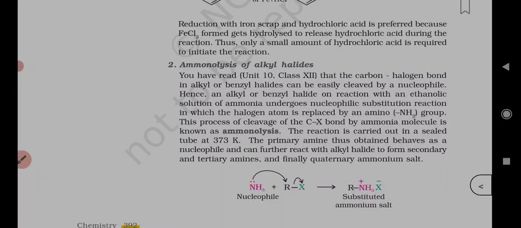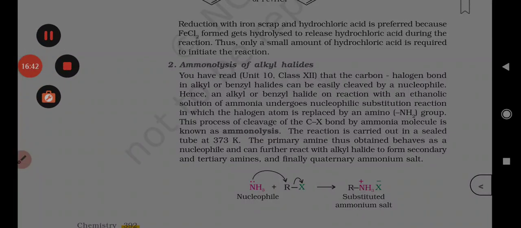RCN in the presence of H2 with nickel, or lithium aluminum hydride, or Na(Hg) with C2H5OH, forms RCH2NH2, because the C triple bond N is reduced to CH2NH2. So you can produce primary amines by this.